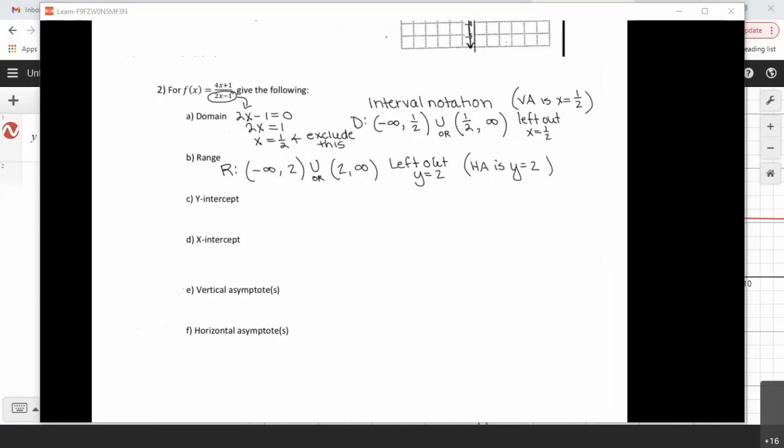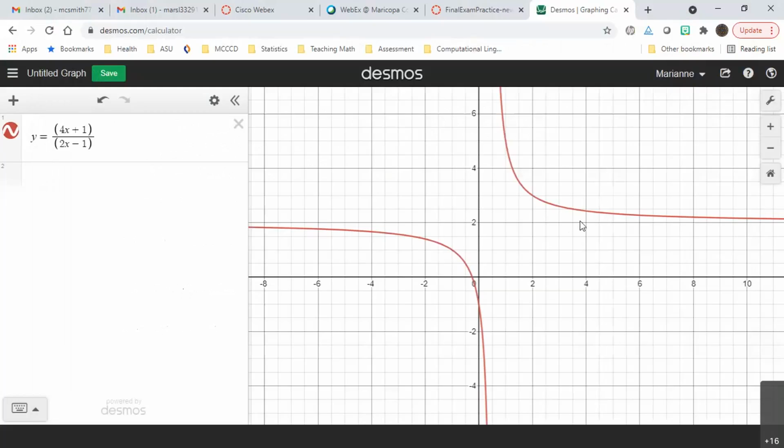So these rational functions are functions that have asymptotes. Your y-intercept is a graphical question. Again, you can find it from the function rule, but if you want to graph it, you can see it right over here. It's (0, -1). If they ask us for a horizontal intercept, it's (-1/4, 0).